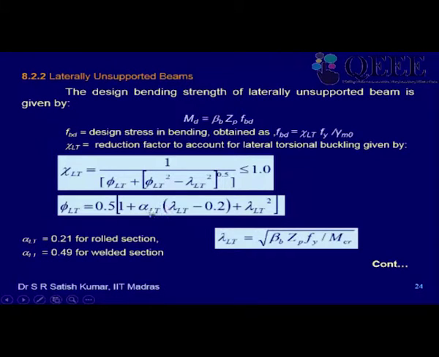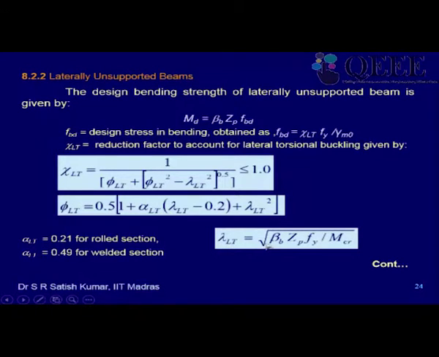So as you increase alpha, the chi will come down actually. Okay, and as a consequence, the strength FBD will come down. So basically, what we are saying is a welded section will buckle at a lower MCR than a rolled section. So that is what the code tells. Now this lambda LT we saw is a non-dimensionalized slenderness parameter.